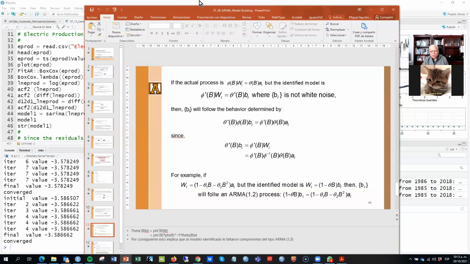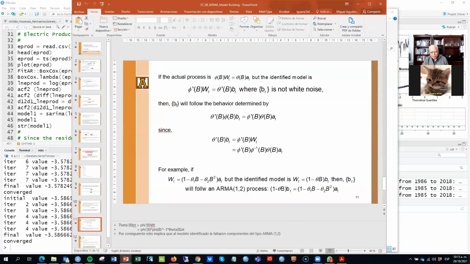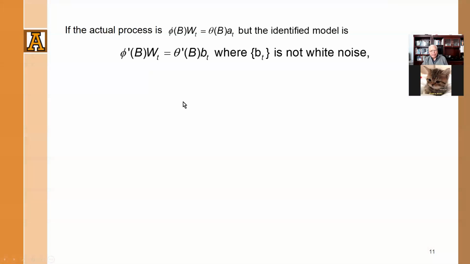See, if the actual process for the model is phi of B W_t, where W_t is a series that has already been transformed and has been centered. Okay, then if this is the right model, but what we identified is this model with a phi prime of B, which is a different polynomial than this phi of B, and theta prime, which is a different polynomial, times applied to b_t, where b_t is not white noise, which is the case that we have now.